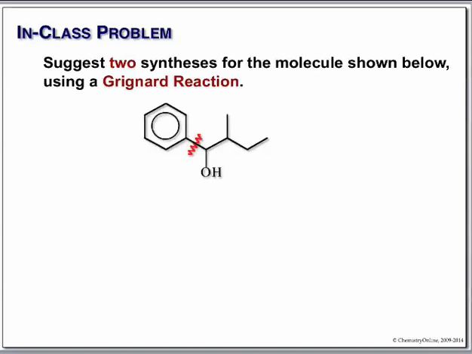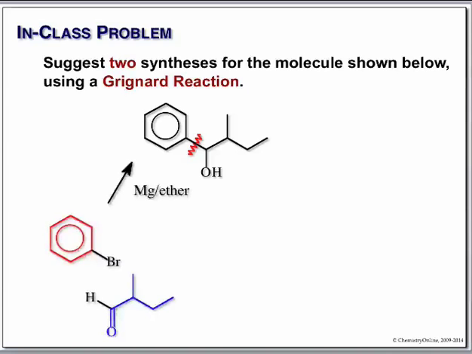That means that this used to be the carbonyl compound. Because it has a hydrogen attached, it's a secondary alcohol, it was an aldehyde. So our Grignard reagent was simply phenyl magnesium bromide, and all the rest of this was our carbonyl compound. The set would look like this. Again, we know it was an aldehyde because it's a secondary alcohol.